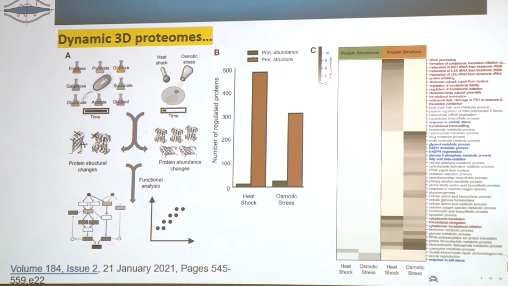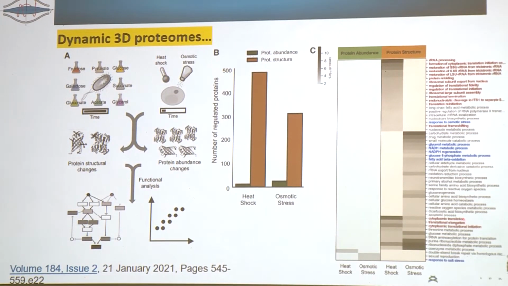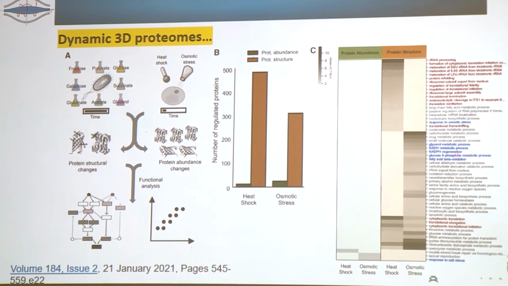So in this case, of course, this is a complex article that I'm not going to go deeply into, but you have all the proteins that have been identified as modified by heat shock or osmotic stress in yeast.